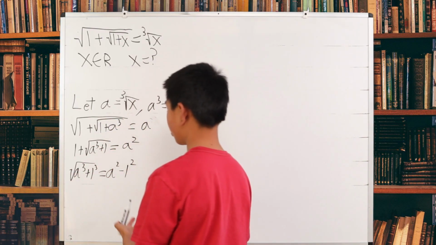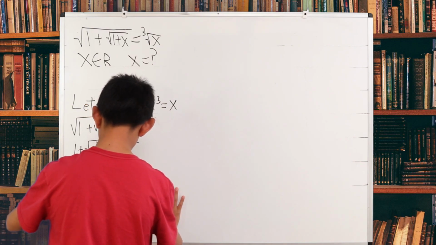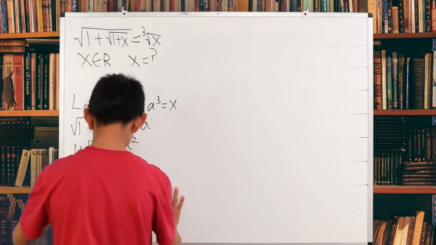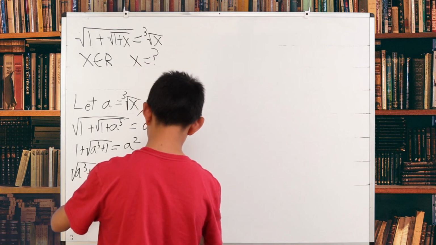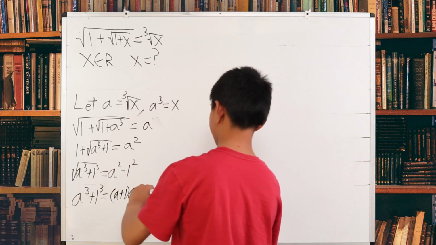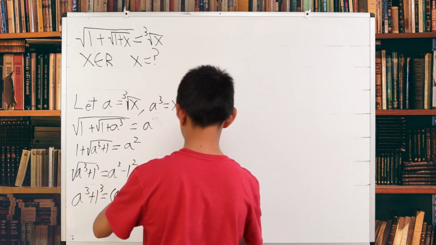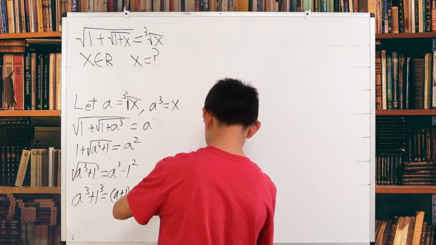So when you square both sides, you get that a cubed plus 1 cubed is equal to, this is already a difference of squares, a plus 1 times a minus 1. Then you square it again, so a plus 1 times a minus 1, squared.